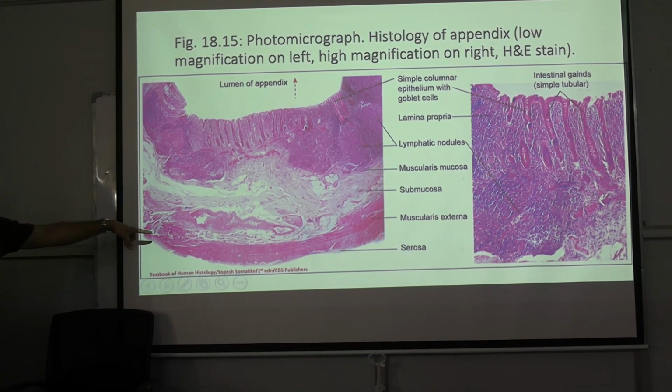And then the external muscle layer and adventitia, if present. If you zoom in on this layer, it looks like this, with ill-defined borders, right below the intestinal glands. This is a hallmark of the vermiform appendix.